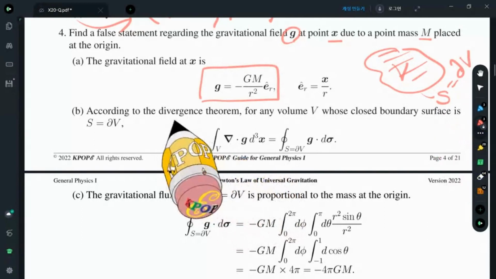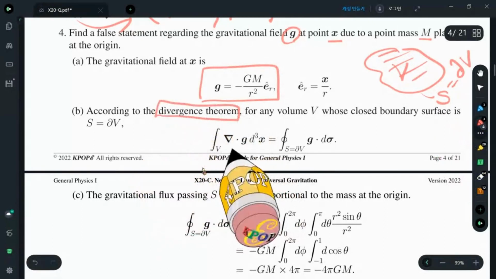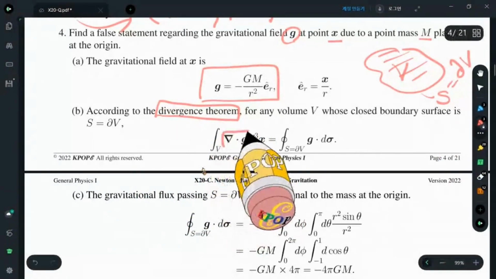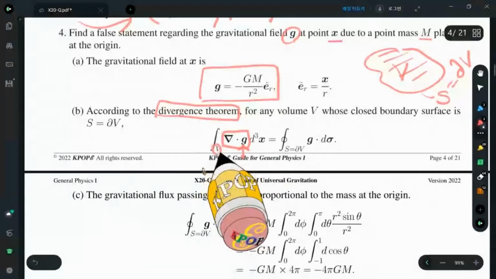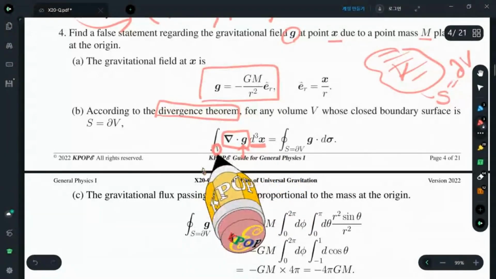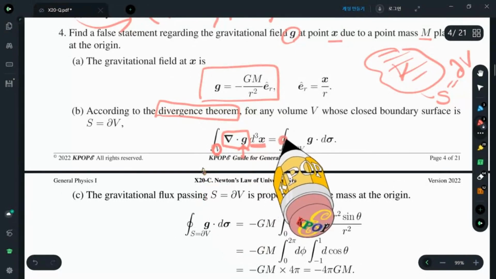The divergence theorem, what we studied earlier, states that the divergence of any vector field integrated over a volume is identical to the integral over the closed surface.